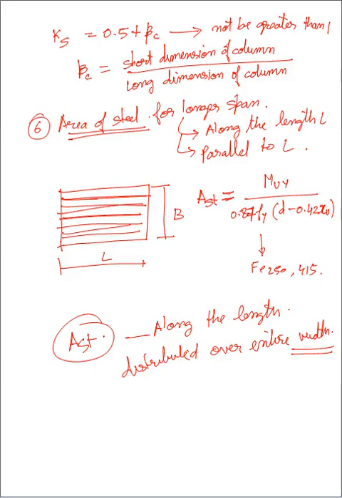The Ast we have calculated is for 1 meter width, since I told you that B is equal to 1000 mm.